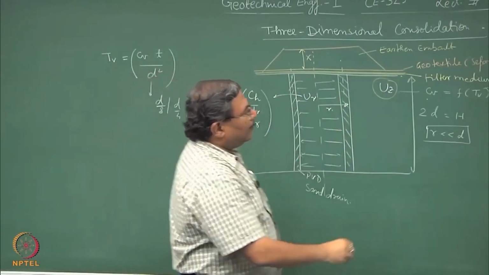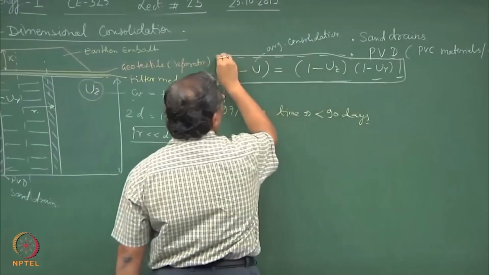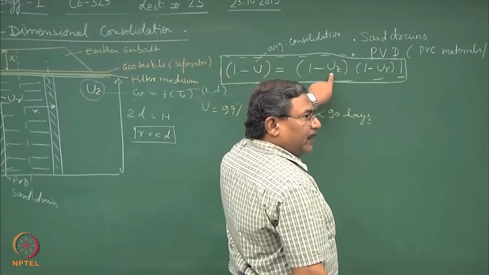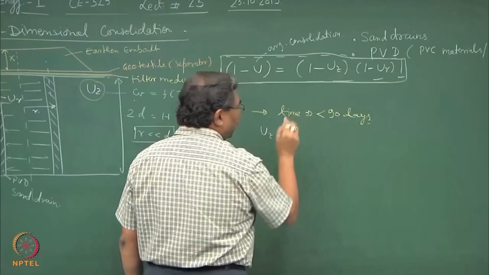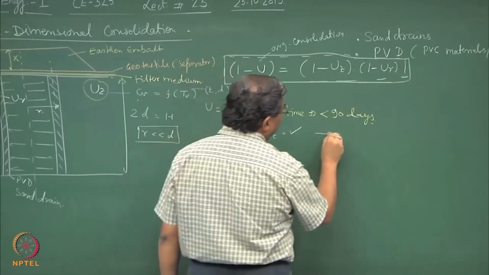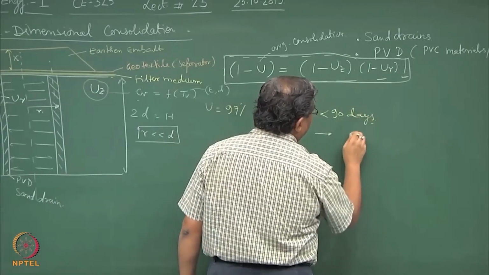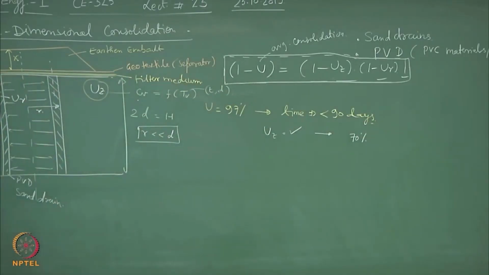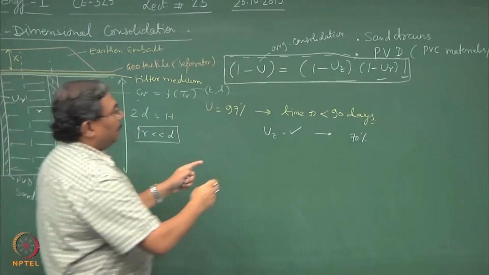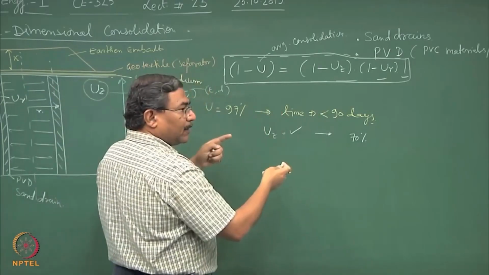Ultimately, what governs the entire consolidation process is this equation. The moment I compute UZ, suppose I get some amount of settlement, say 70% settlement. The remaining 30% can be obtained by inserting these drains, or I can revert the problem also.